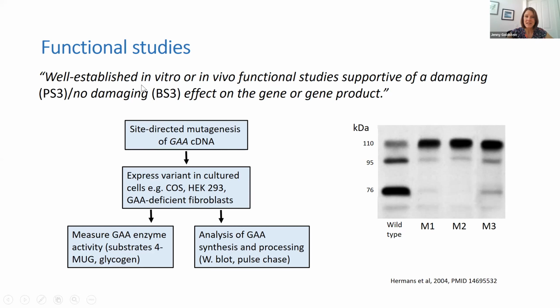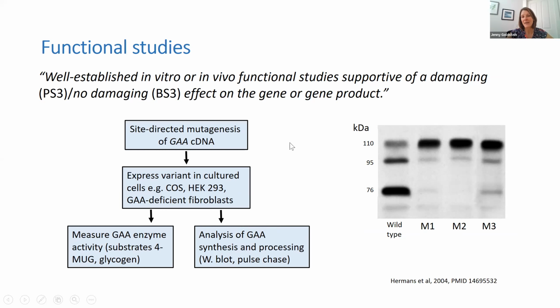But these are in vitro studies where basically they have introduced the variant by site-directed mutagenesis and then expressed that in some cell type like a COS cell, HEK293, or GAA deficient fibroblasts, then measure the activity of the enzyme, and then often are doing Western blot as well to look at the synthesis and processing of the enzyme.